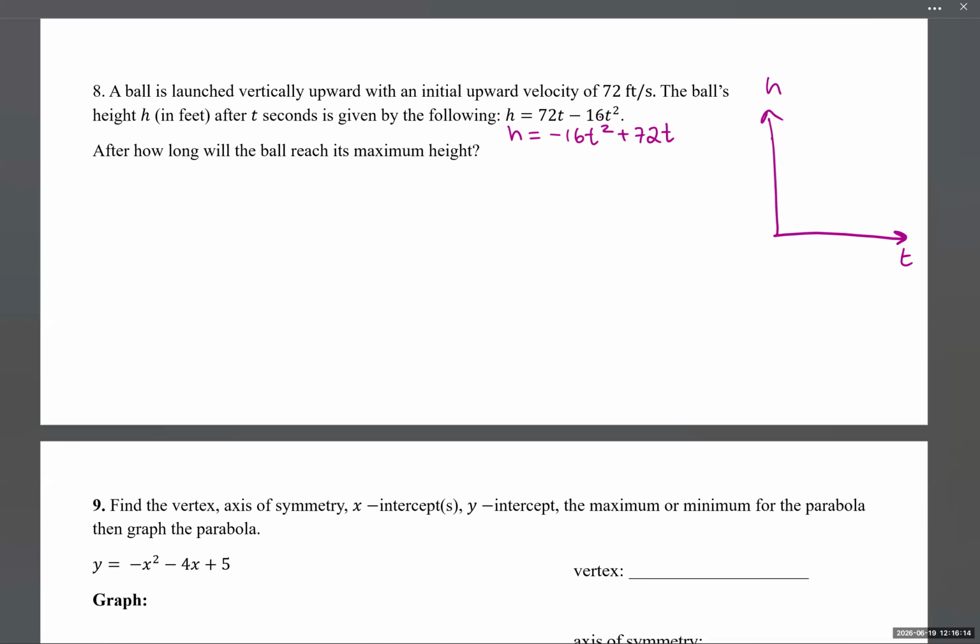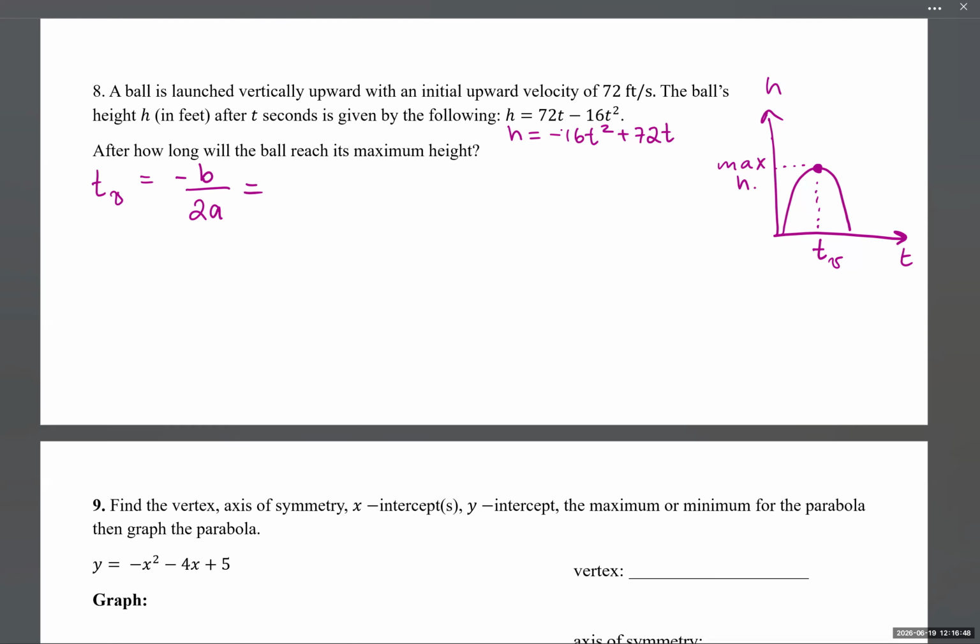Since the leading coefficient is negative, the parabola is going to open down, which means the vertex is going to create a maximum, and that would be your maximum height. Well, it's not asking us to find the maximum height. It's asking us how long it will take to reach the maximum height. So we need this time right here. The t to maximum height is the t-coordinate of the vertex, so minus b over 2a.